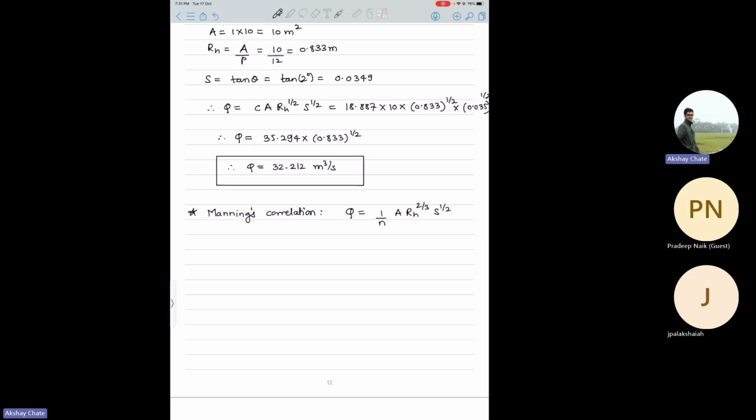So here this power changes and the constant is 1 by n. For this n value there is a table from experiments, and for different types of surface roughnesses and different types of materials for the channel surface, Manning has given different n values, and using those you can calculate the flow rate.